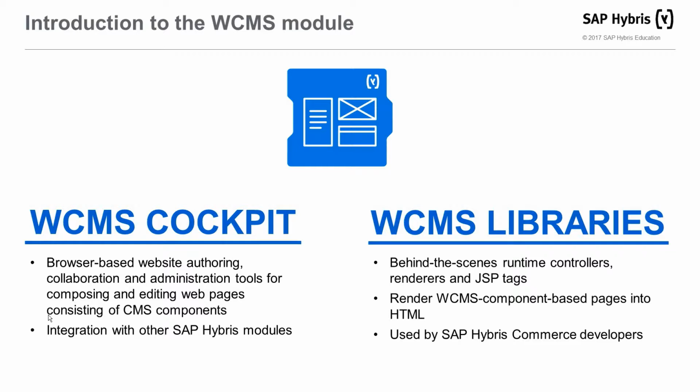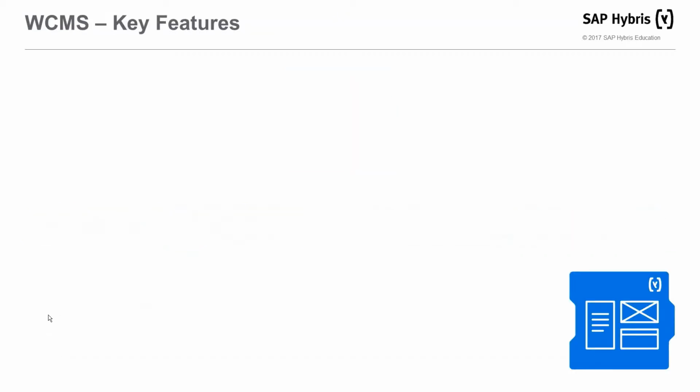Finally, the WCMS module provides a single user interface for content production across multiple channels, such as mobile or desktop. It enables content managers to administer and publish content without concerning themselves with the characteristics of the device it will be viewed on. Let's look at some of the key features of the WCMS.